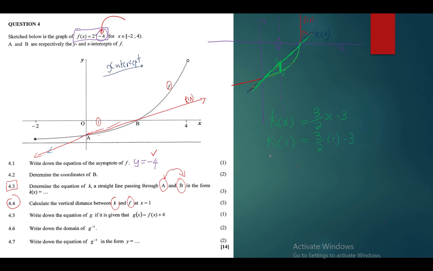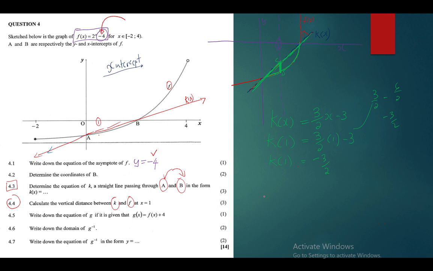You want to know the value of y when x is 1. 3 over 2 minus 3, which is 2 times 3 is 6, 3 minus 6, minus 3 over 2. Guys, you press your calculator. I might make some mistake here, but yes, it's minus 3 over 2. So your y value is minus 3 over 2.